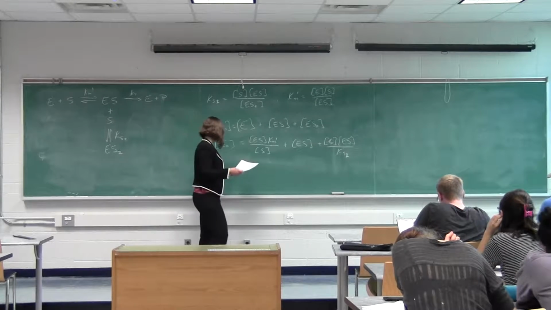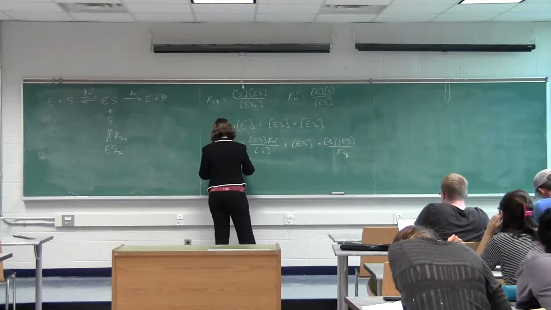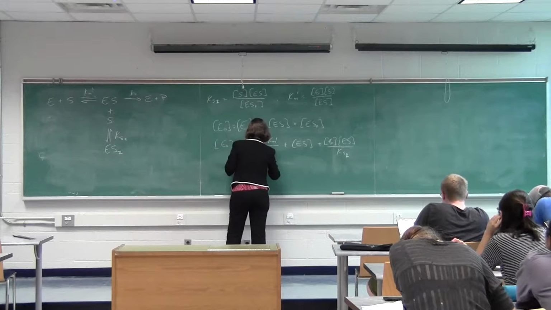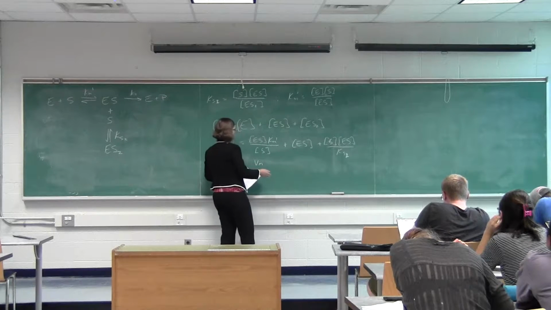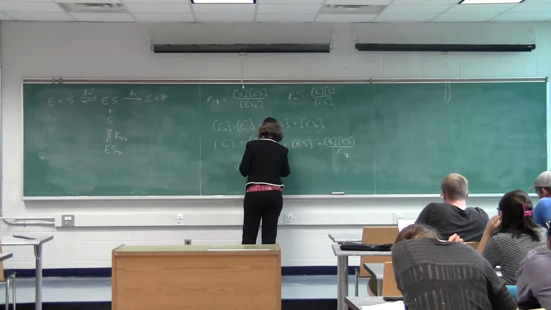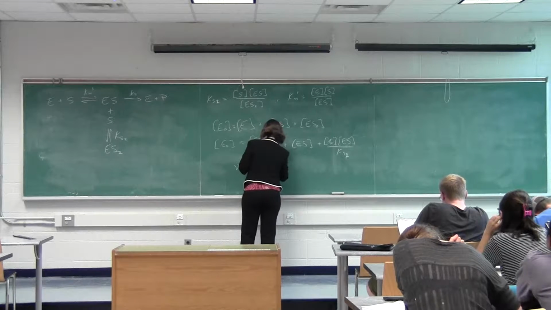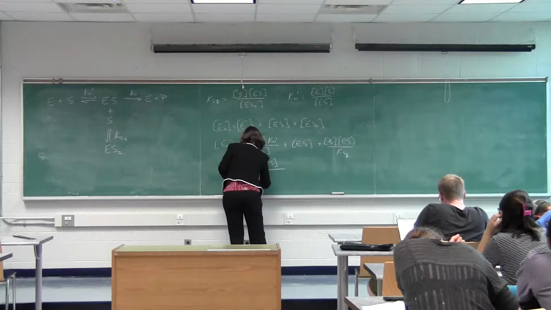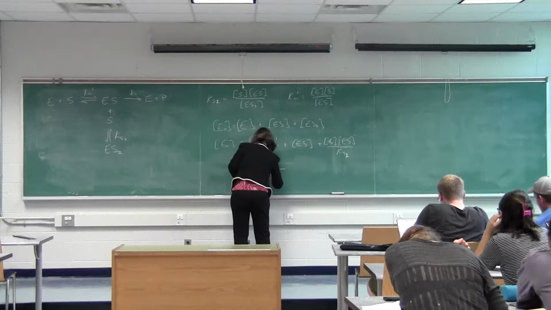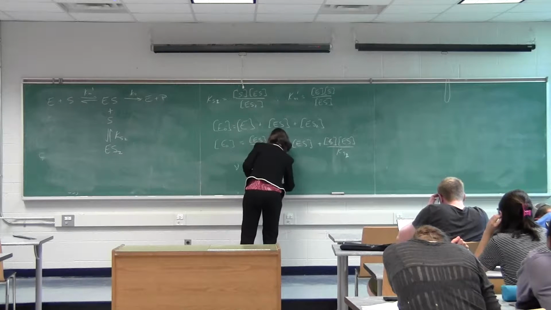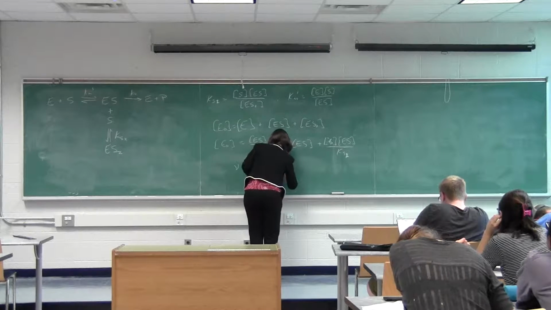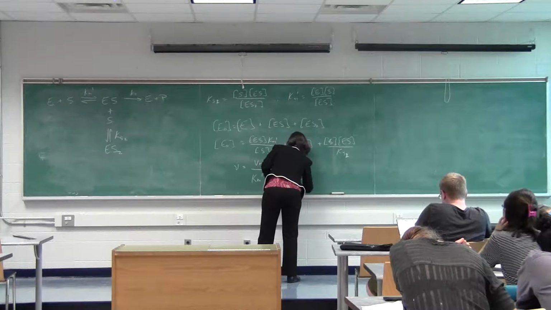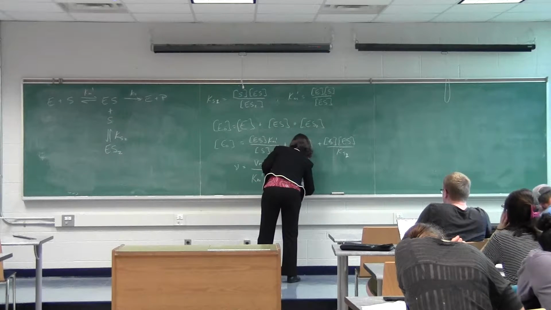Now what you come up with when you do that is rate equals Vmax times S over KM prime plus S plus S squared over KS. Remember Vmax is K2 times E naught.